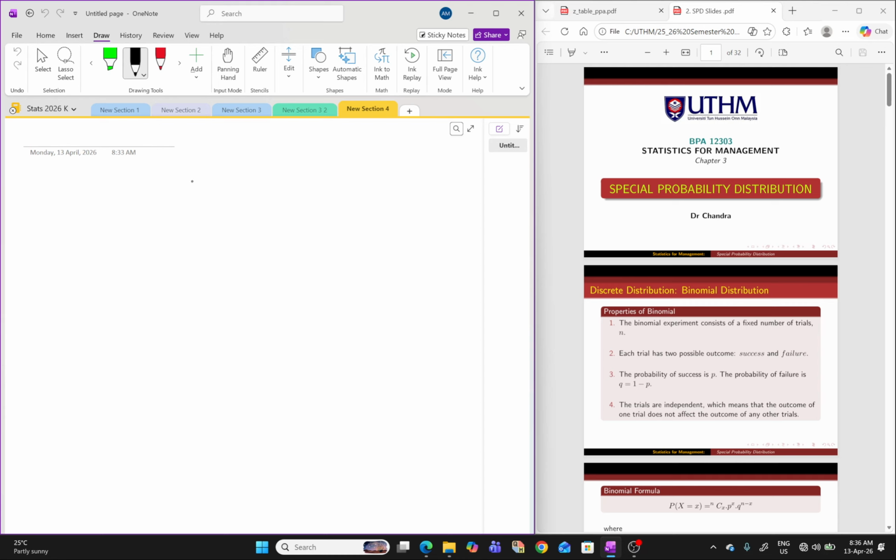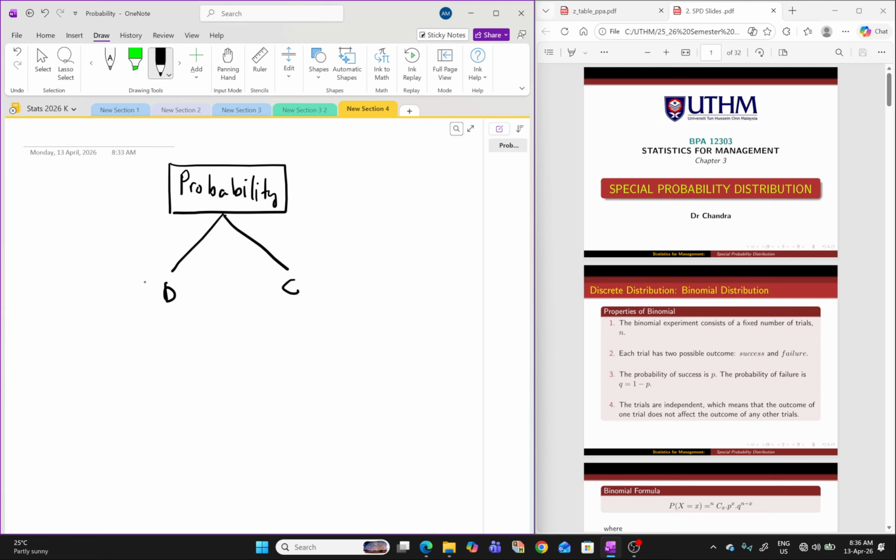The first chapter was probability, and then we split this probability into discrete and continuous.